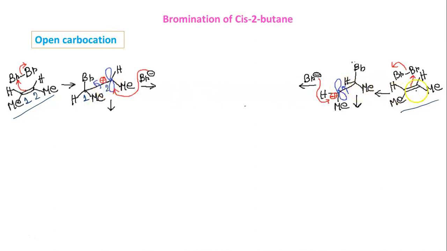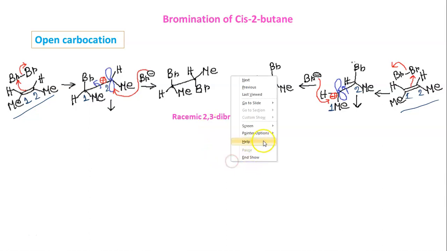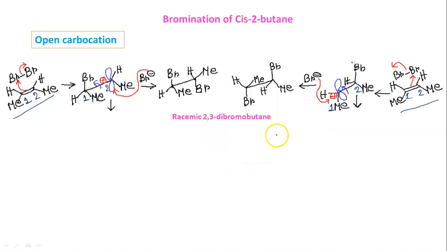If you look at the right hand side, this is 1, this is 2, bromine is added at 2 and the carbocation is generated at 1. Now if the Br minus attacks, the structure that we will get is also racemic 2,3-dibromobutane, and there is a mirror image relationship.